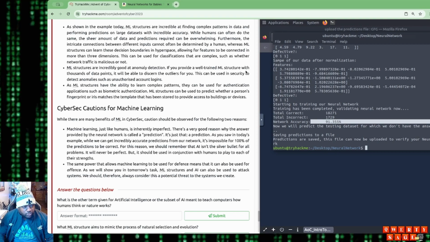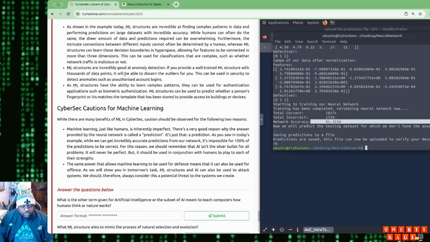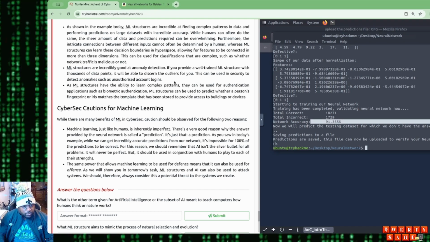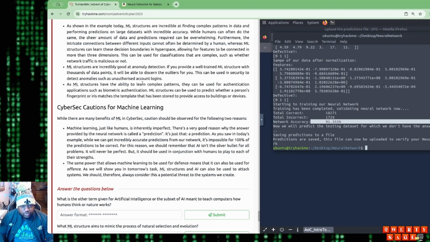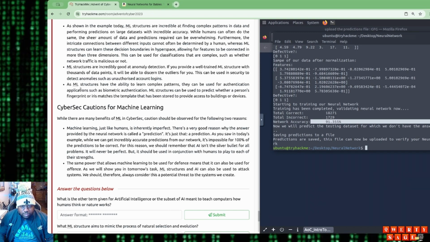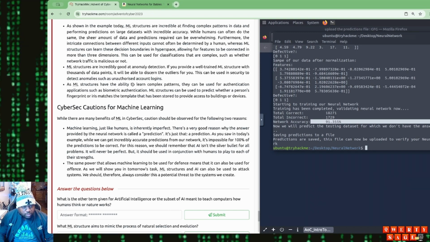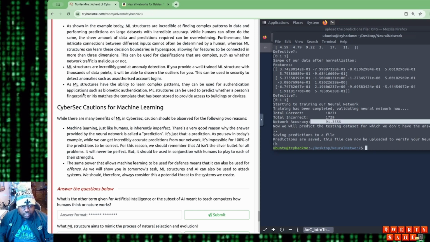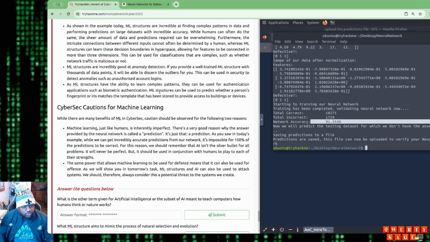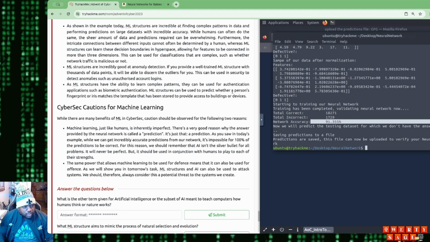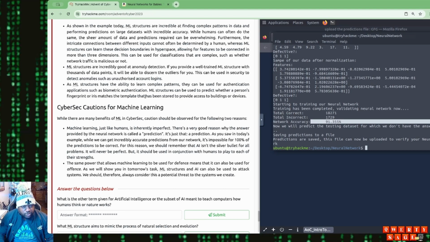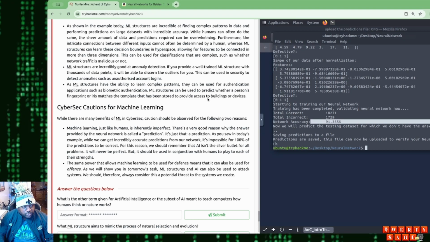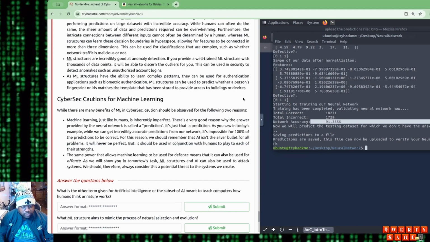If you provide a well trained ML structure with thousands of data points, it will be able to discern outliers for you. And they have the ability to learn complex patterns. They can be used for authentication applications such as biometric authentication. They can predict whether a person's fingerprint or iris matches the template that's been stored to provide access to buildings.